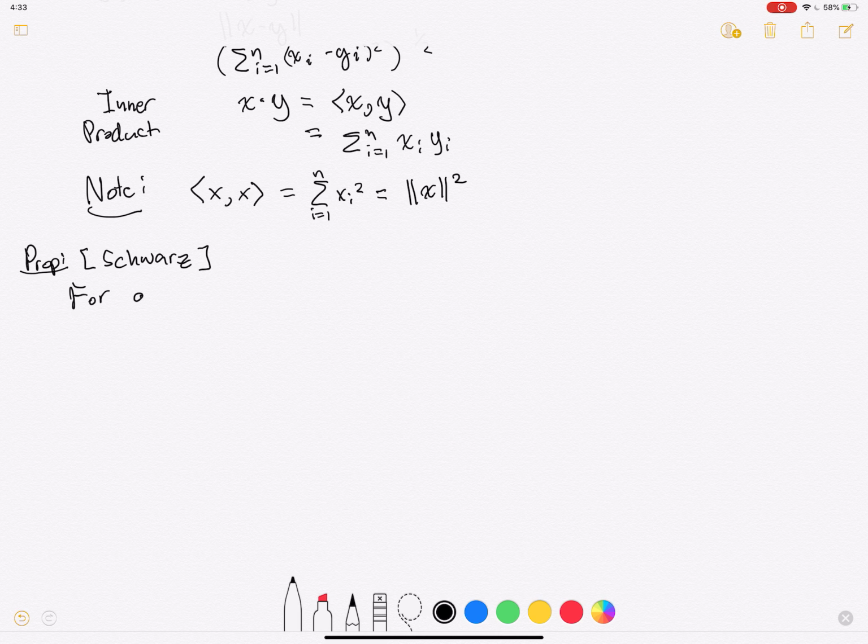For all x, y in Rn, the absolute value of their inner product is less than or equal to the norm of x times the norm of y. So let's prove this.